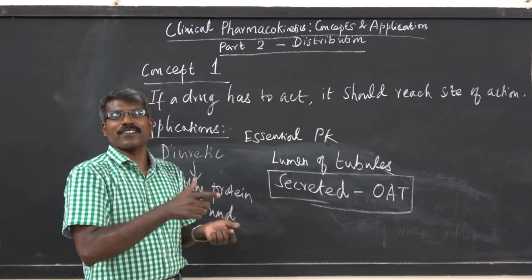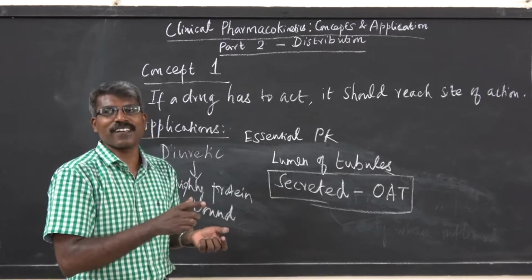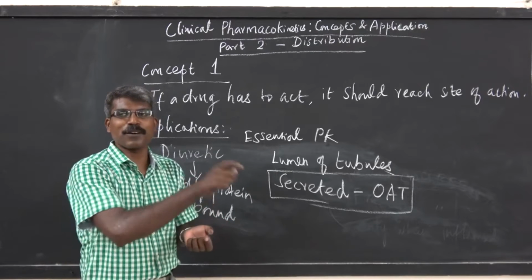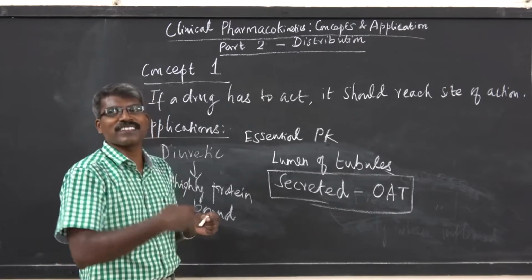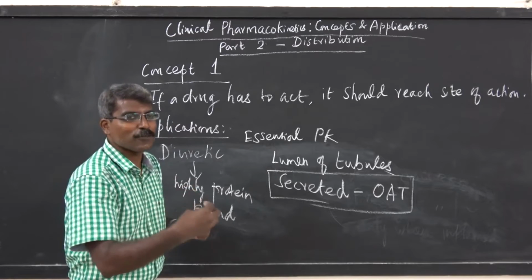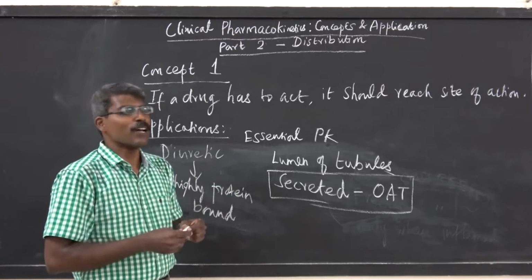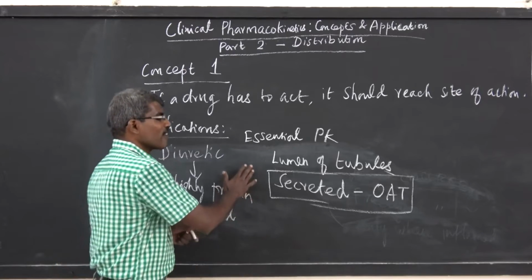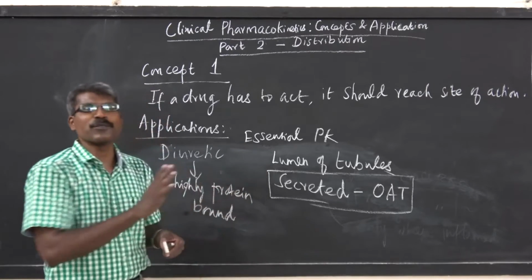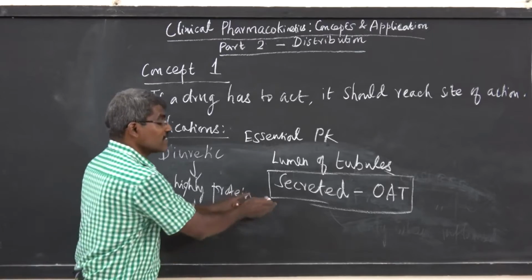These are steroid receptors, isn't it? The aldosterone receptors are intracellular. They cannot act from the luminal side. They have to come from the interstitial side, from the blood. They have to cross and come into the cell and act. So those kinds of diuretics are an exception to this rule that they need to be secreted.